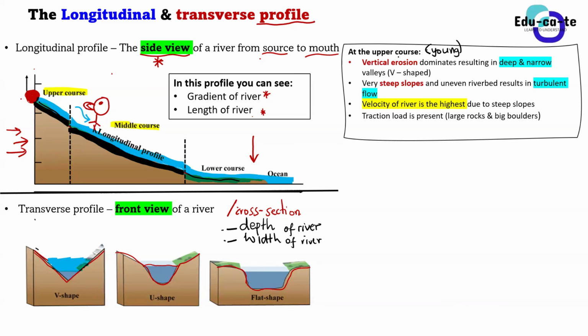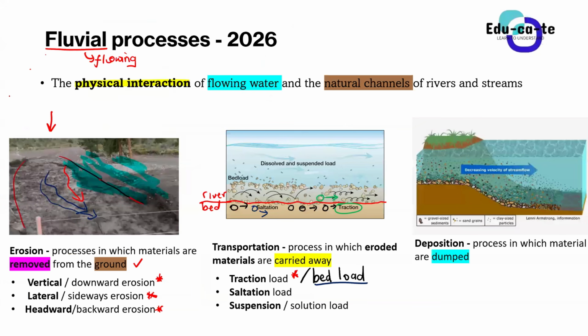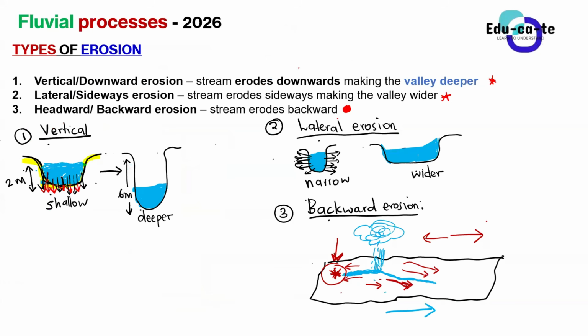The first thing that's happening there is vertical erosion. At the upper course, the dominant type of erosion is vertical erosion. Remember, guys, I already explained that in vertical erosion, the water is eroding downwards, or digging downwards.